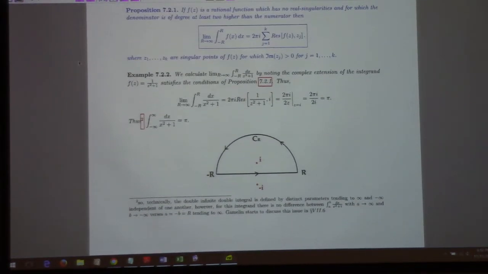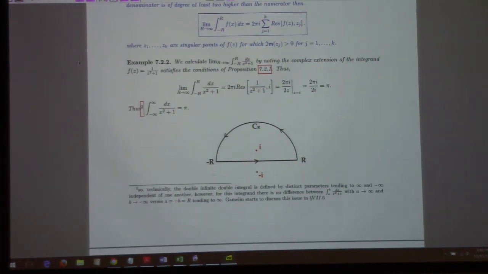Here's an example. This one's kind of a silly example because you can do this integral by other methods anyway. If I ask you to integrate from minus infinity to infinity of dx over x squared plus 1, what do you do? This has inverse tangent, right?